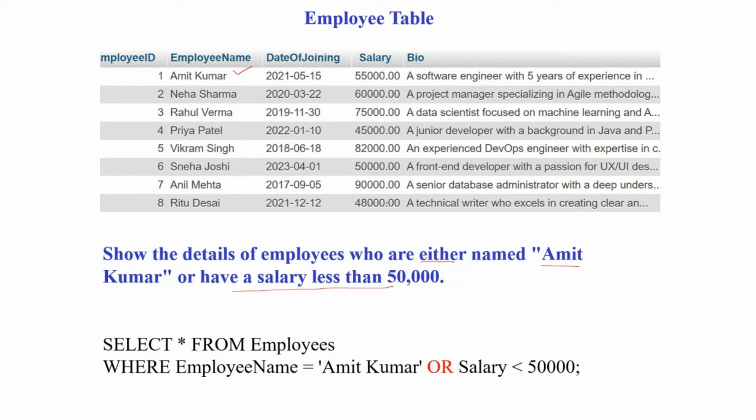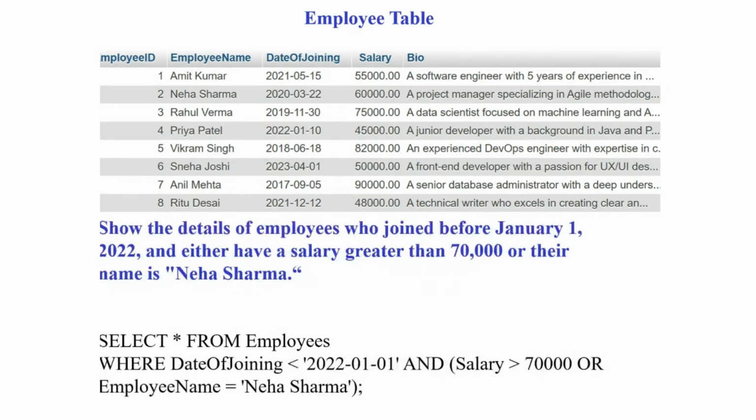Amit is already selected, so we are not going. This one is not. This one is not. This one is selected. This one is not. This one is selected, and this one is also selected. This one is not selected. So 1, 2, 3, and then 4 tuples would be selected from this query. So now you are getting some insights into how SQL is working.